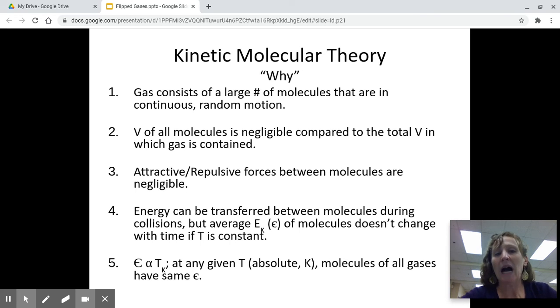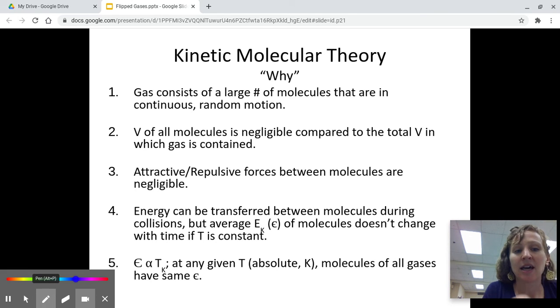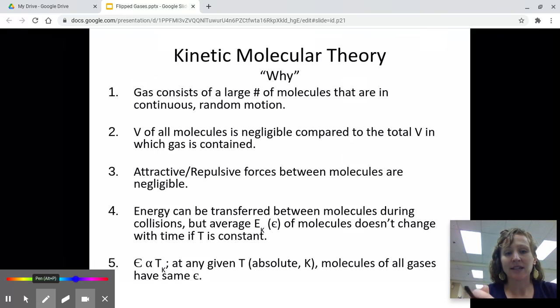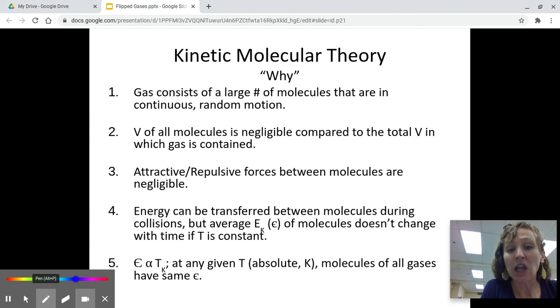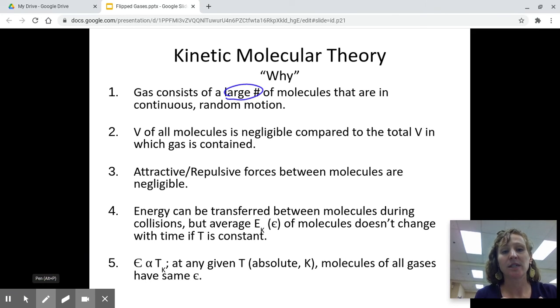This is the why behind ideal gas laws. Why does it work? There's 5 different postulates that really make this equation work. The first one is that any body of gas consists of a really large number of molecules, almost impossible to conceptually grasp.